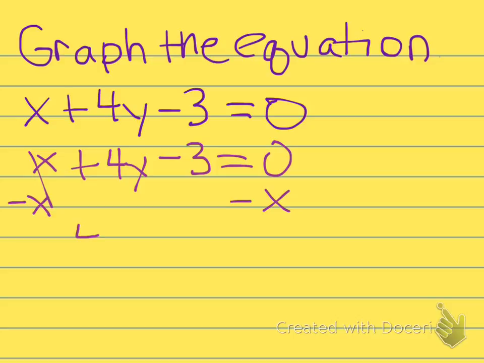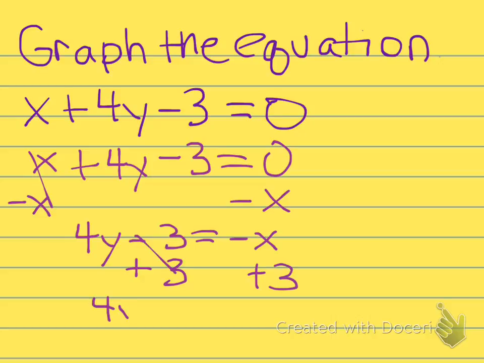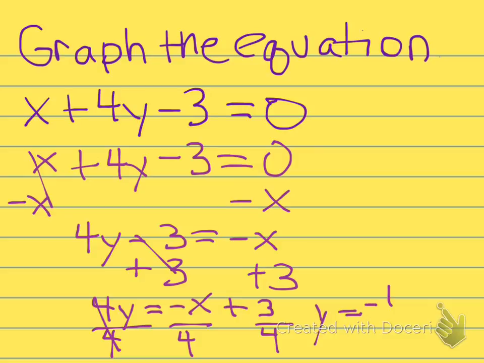We want y by itself. And then take the 3 away. Again, we're trying to get y by itself. And then I divide everything by 4 so that I have y by itself. And then I have negative 1/4 x plus 3/4.